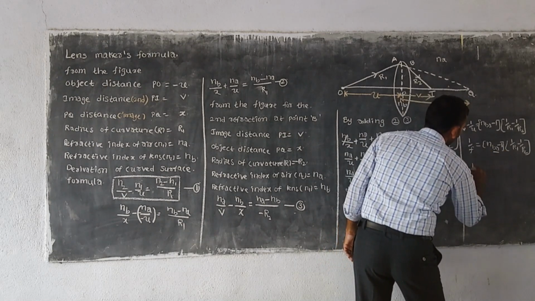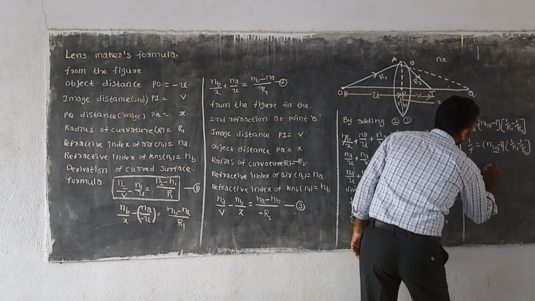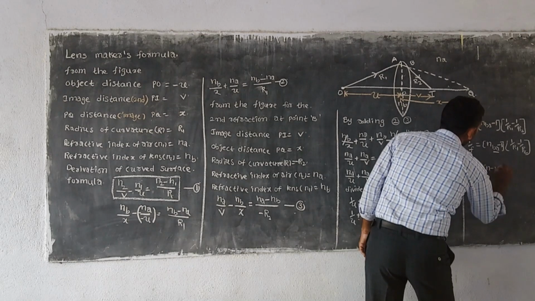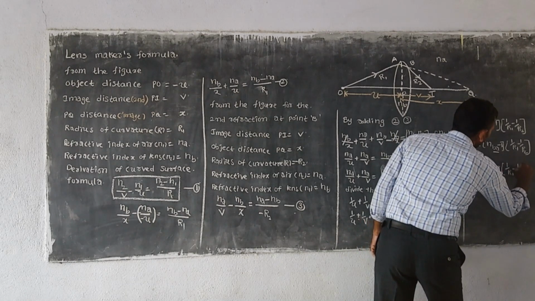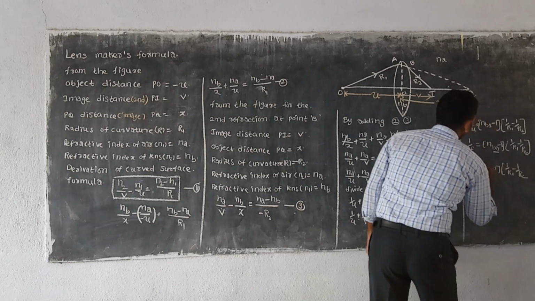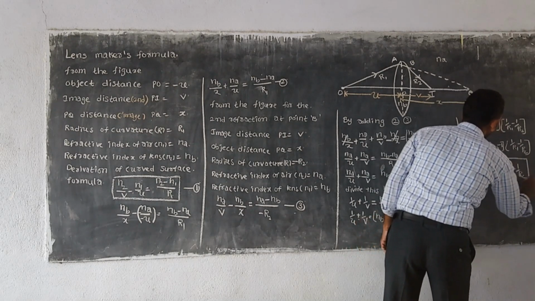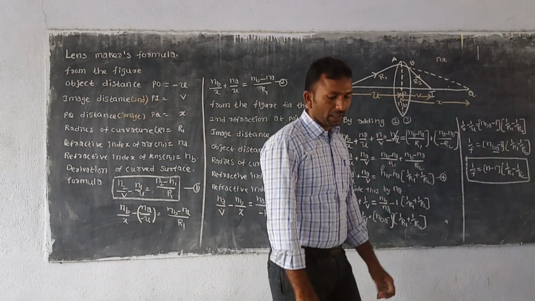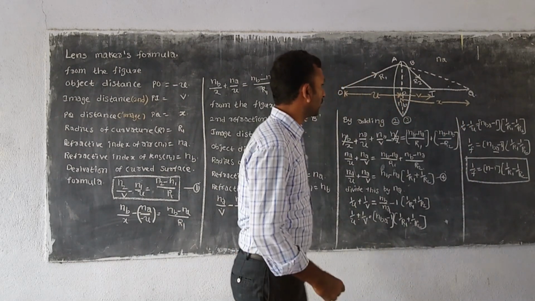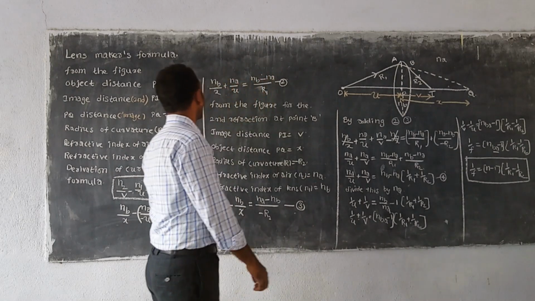Then we can write 1 by F equals N minus 1 into 1 by R1 minus 1 by R2. This is the lens maker's formula.